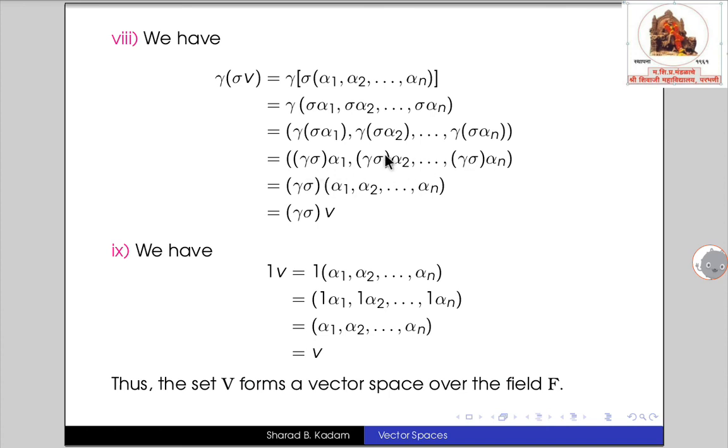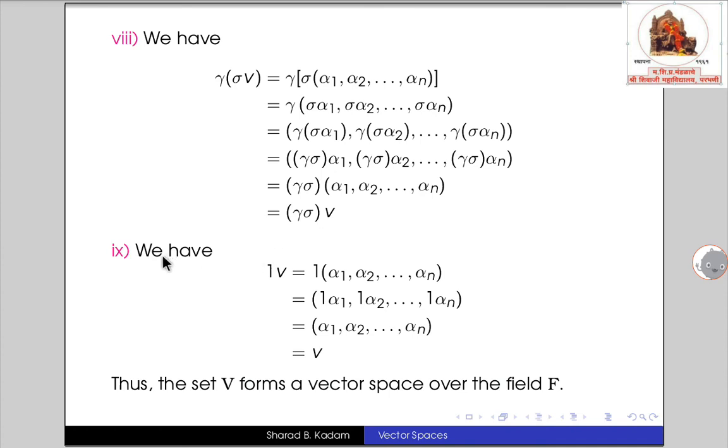Now we take gamma into sigma out of the bracket, so we get (gamma into sigma) into (alpha 1, alpha 2, alpha n), that is (gamma into sigma) into v. So we have shown that gamma into (sigma into v) equals (gamma into sigma) into v.